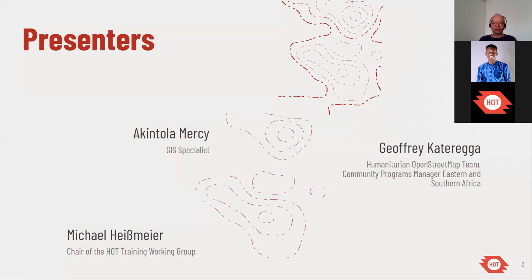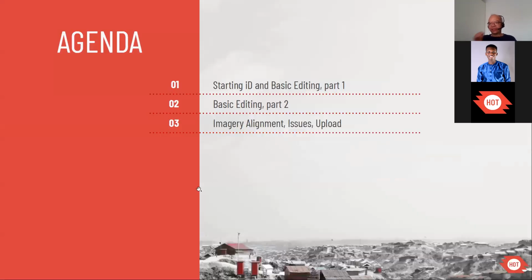This will be the first part of a two-part webinar. There will be an advanced ID webinar later on this year. We cut this into three parts. We will start to tell you what you need to do in order to get started with mapping with ID, and start introducing you to how to map different kinds of objects.